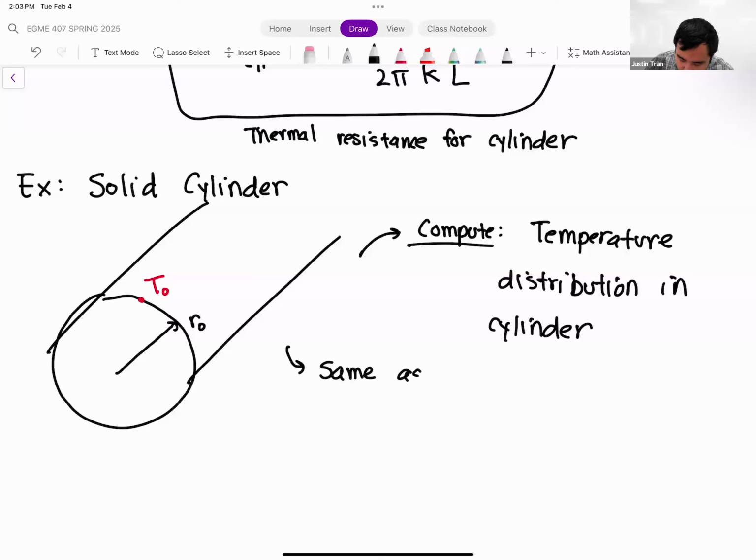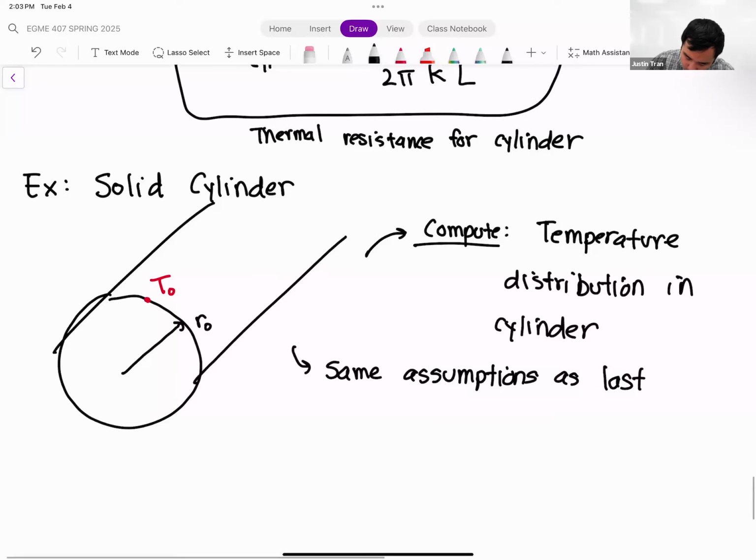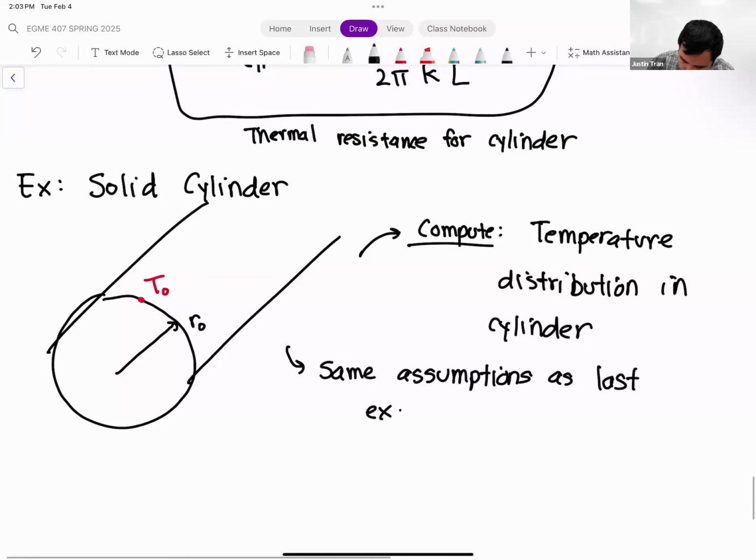So we're going to say same assumptions as the last example. Our heat equation that we're going to be starting with is going to be the same, because we're going to have the same assumptions: steady state, 1D radial, no thermal production. All of those are going to be the same.